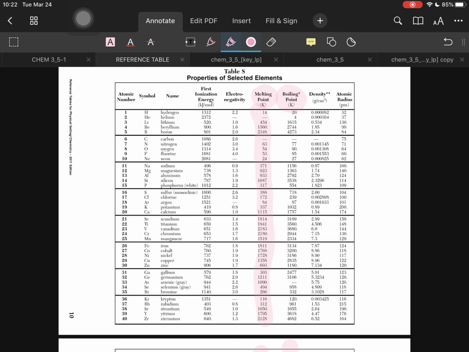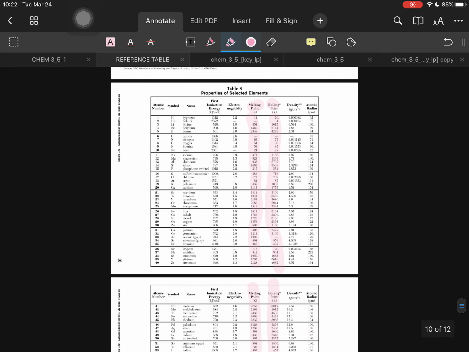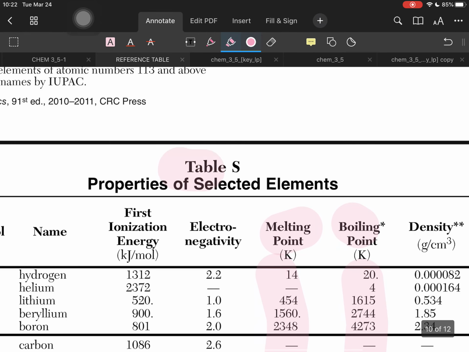And we have melting point for most of the elements. So when it's asking you about the melting point or boiling point, or like we'll talk about later, the freezing and condensation point of an element, this is where you're going to look. This is Table S.